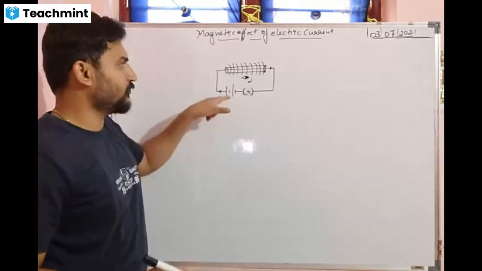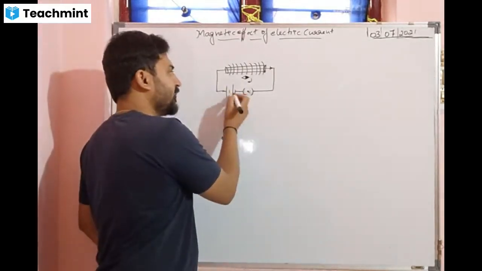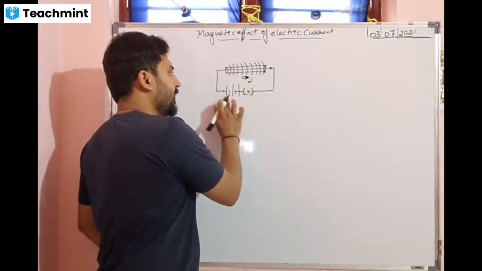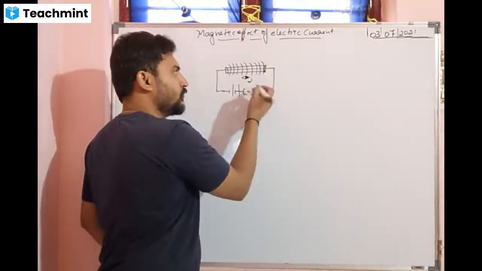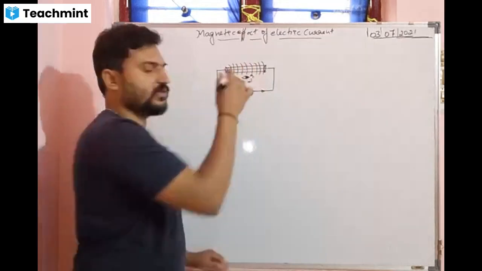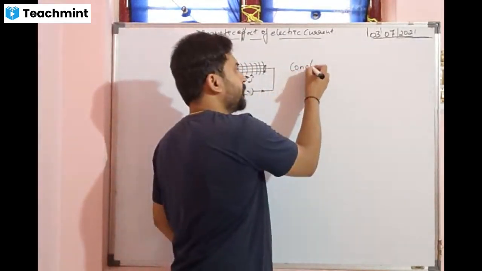Suppose the current is flowing from the other end, it showed the deflection on the other side. By the deflection, they came to the conclusion of this experiment.